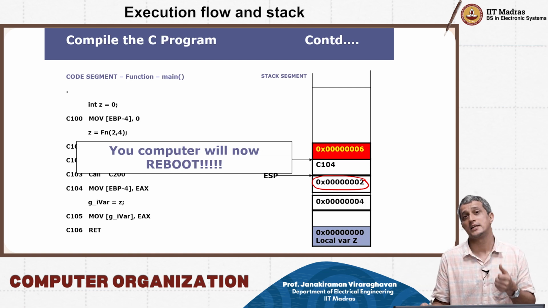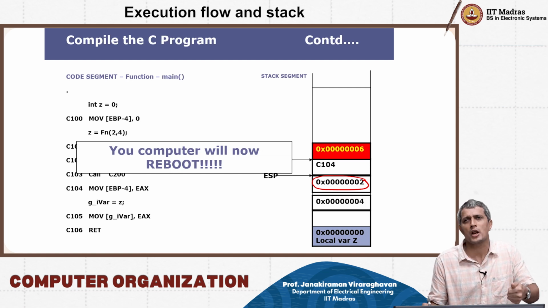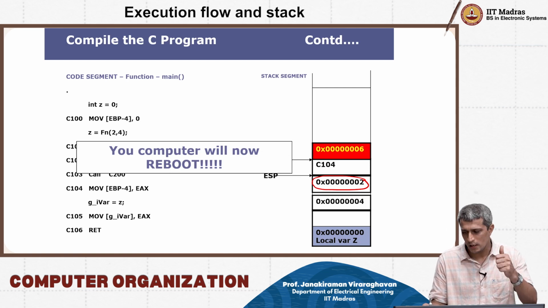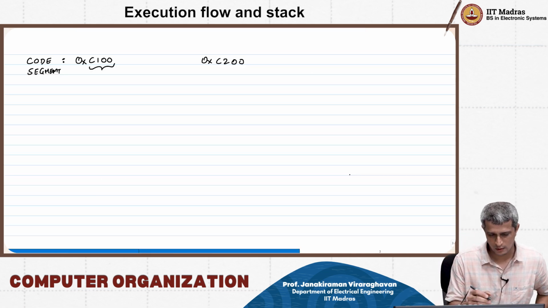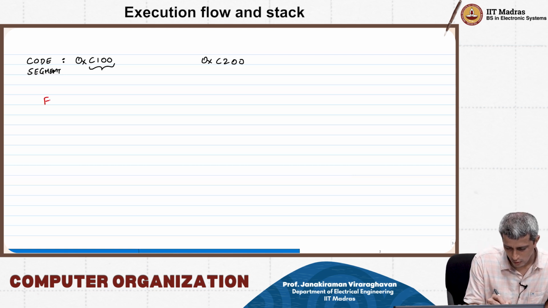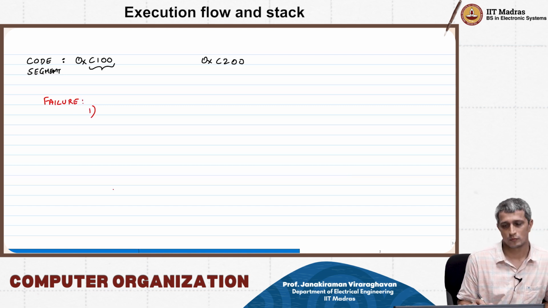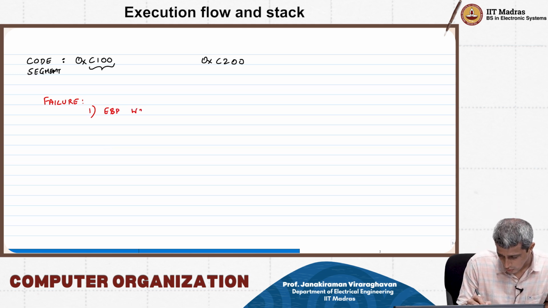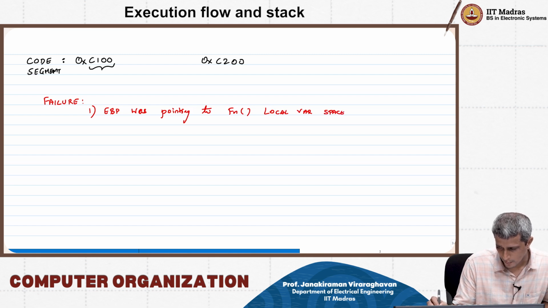So therefore, in summary, our first naive translation to assembly language has failed because of two reasons. What is the failure? One, EBP was pointing to the function's local variable space, right?